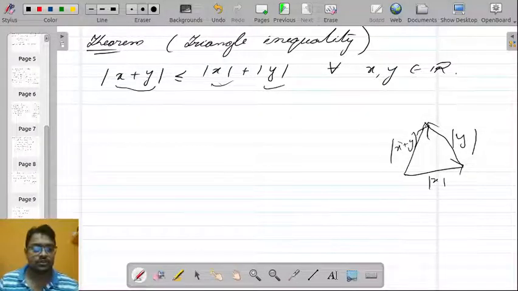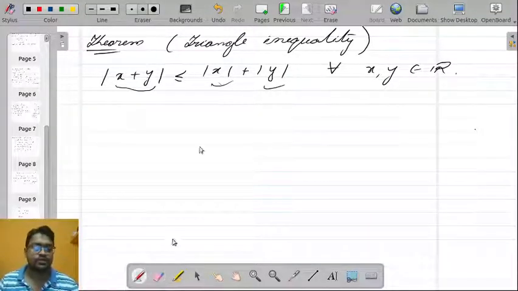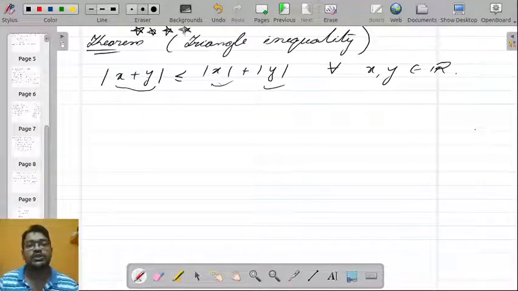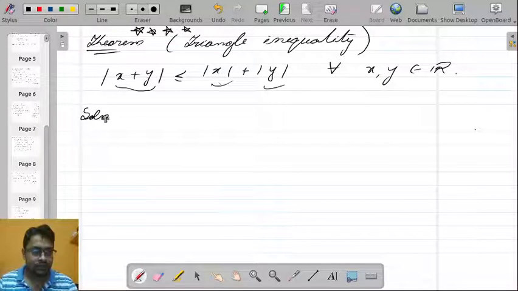That is why it's called the triangle inequality. This is also one of the most important results that we will be using in almost every step of real analysis. So let us try to prove it.